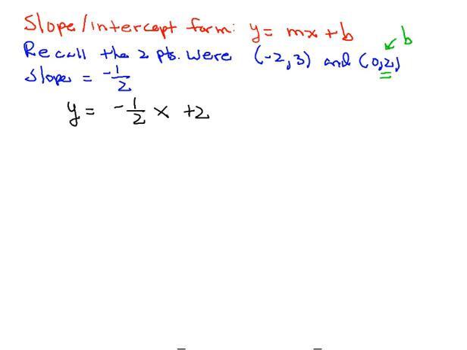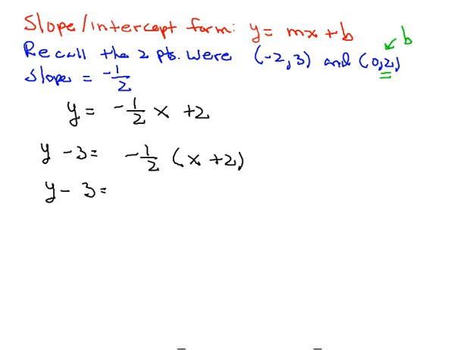plus 2. Now let's also find this form by using the point slope form of the equation that we looked at just a moment ago, which you recall was y minus 3 is equal to -1/2 times the quantity x plus 2. So all we need to do now is solve this equation for y.